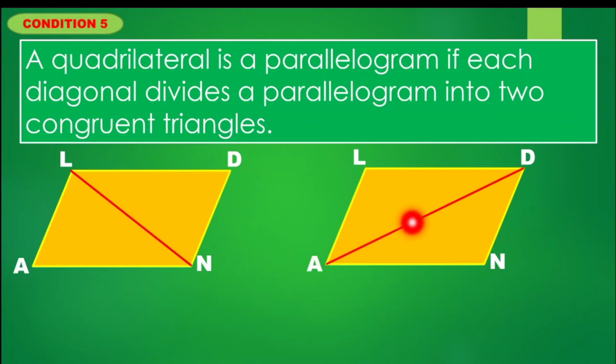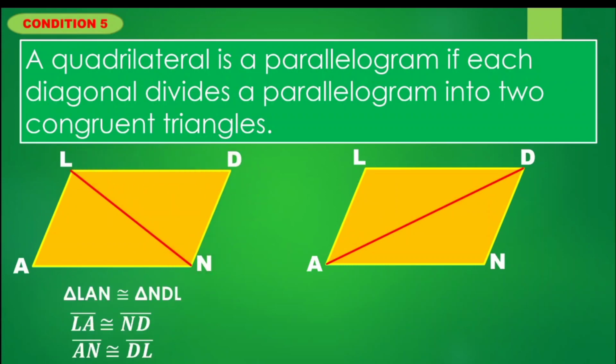We're going to draw a diagonal in that way. Of course, there are two triangles formed. So we have triangle LAN and triangle NDL. But of course, we have to consider the corresponding parts.